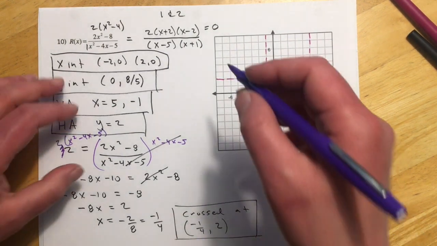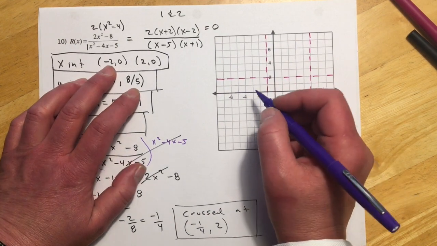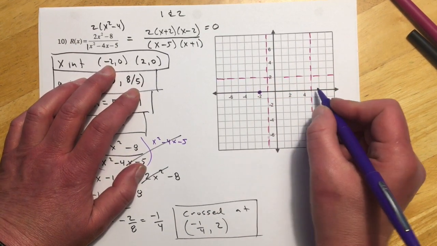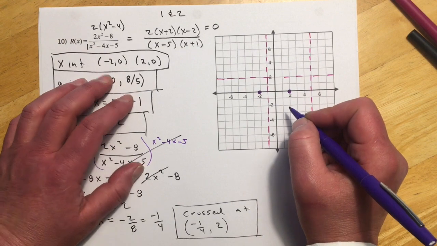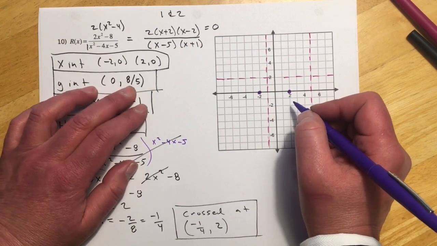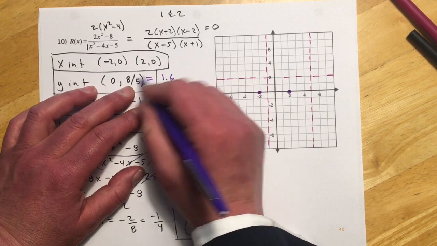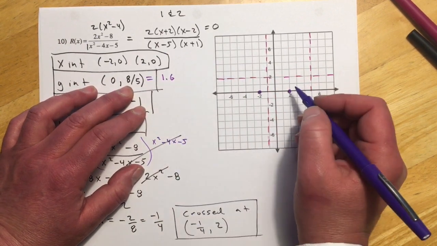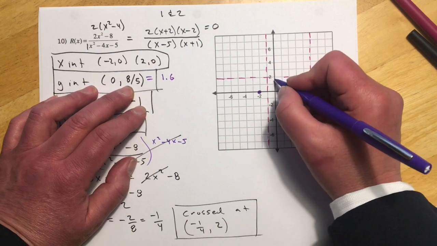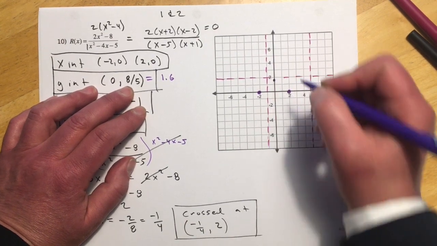So x equals -2 is an intercept, x equals 2 is another intercept, and then (0, 8/5). 8/5 is 1.6, and so that would be right about there.